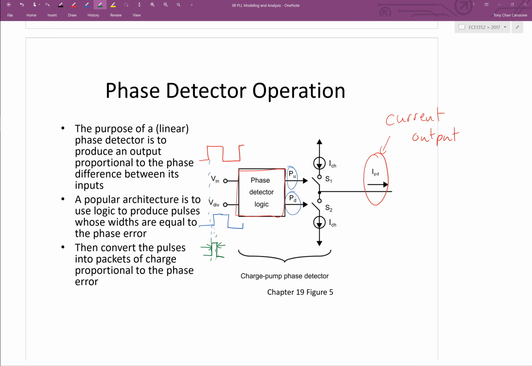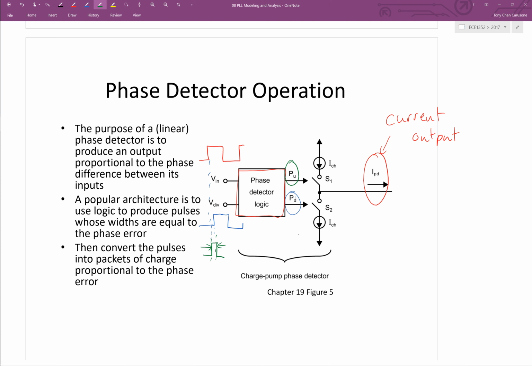Now, of course, as I've drawn it here, the phase of the divided clock is lagging that of the reference clock. It's also possible that the phase error could be in the other direction, have the other polarity. So that's why there's 2 outputs. There's one output, the pull-up output, that I'll circle in green here. It's the pull-up output that will be active when the divided clock is behind the reference clock.